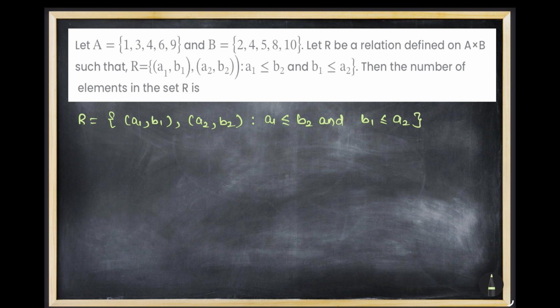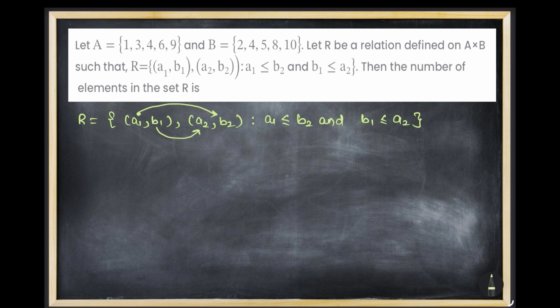So a1 is connected with b2, and b2 has to be bigger than or equal to a1. Then b1 is smaller than or equal to a2, so this time a2 has to be bigger. Very good.